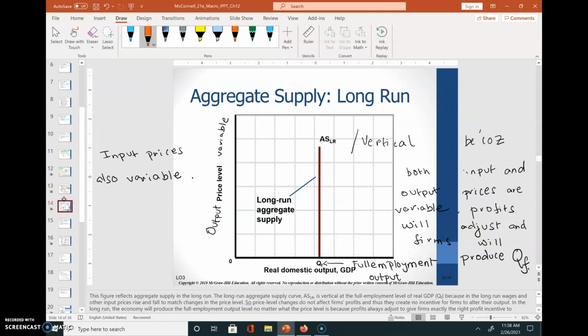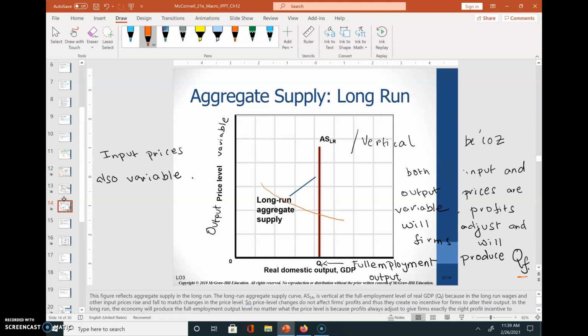Now let's look at the long run aggregate supply curve. This is a vertical straight line, and both input and output prices are variable. The long run aggregate supply curve is vertical because as both input and output prices can change, the profits will adjust and firms will always produce the full employment output level.